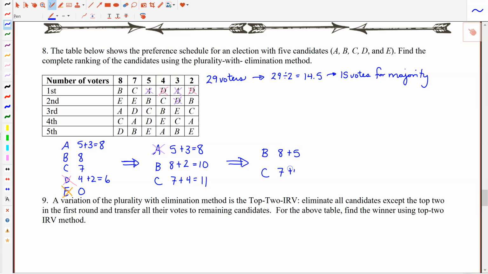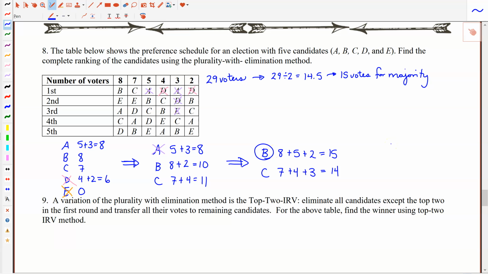C gets the next column at 4. At this point in time, E was also eliminated, so I'm going to cross that out. C gets these 3. And in the last column, C gets those 2. Oh, sorry about that. B gets those 2. Alright, so B is at 15. C is at 14. B now has 15 votes, which is a majority. So at this point in time, B wins.